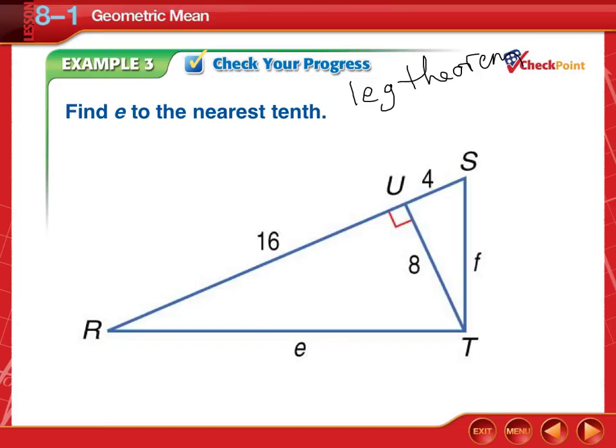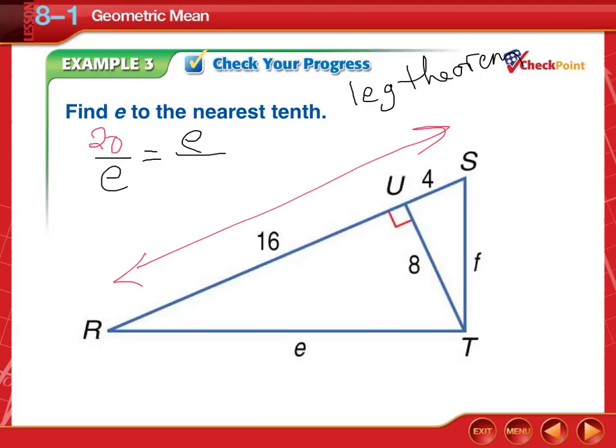So what does that look like? Setting up a proportion, E is going to be our geometric mean, and it's the geometric mean between this entire hypotenuse here, which is 20, and the side adjacent to it, which is 16.